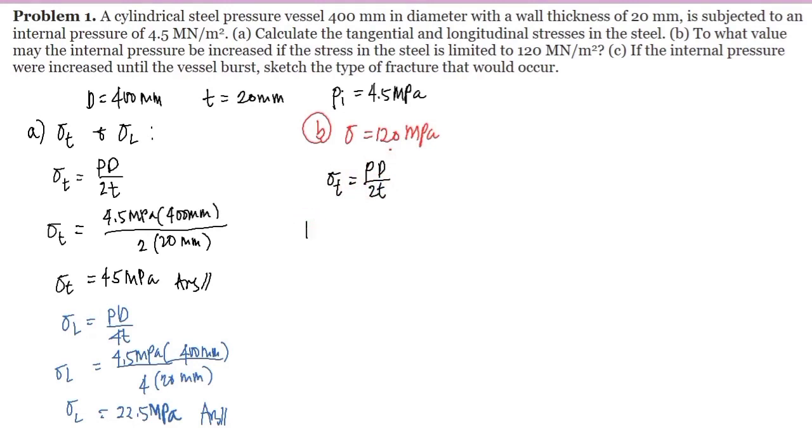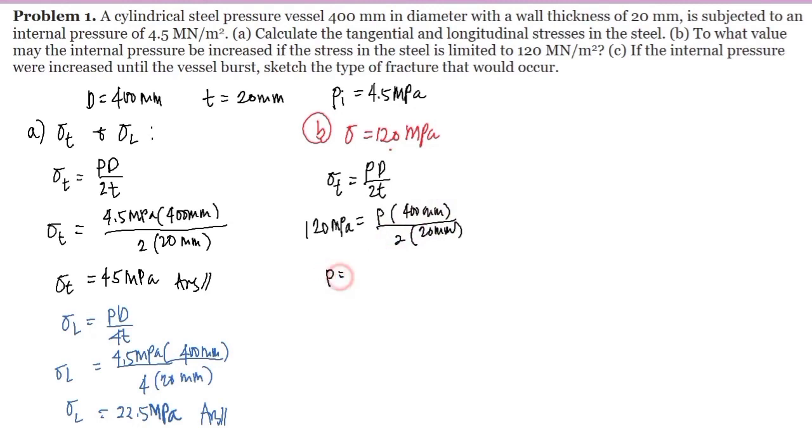So, if the stress is limited to 120 megapascal, then we would have here P multiplied by the diameter, which is 400 mm, over 2 times the thickness of 20 mm.